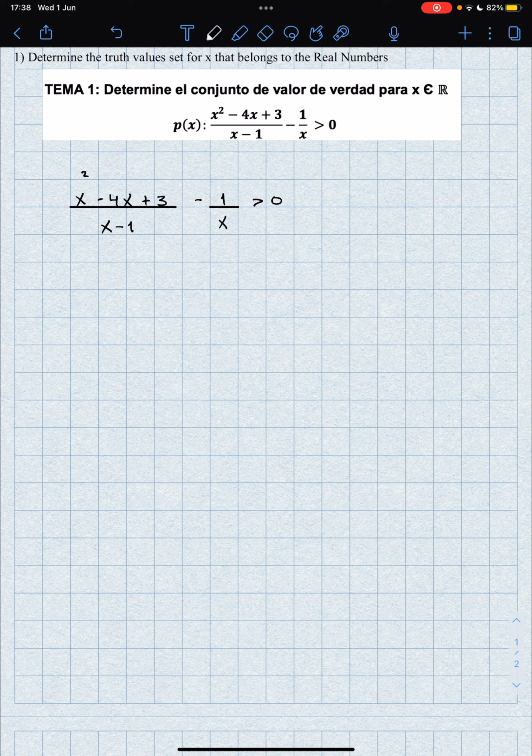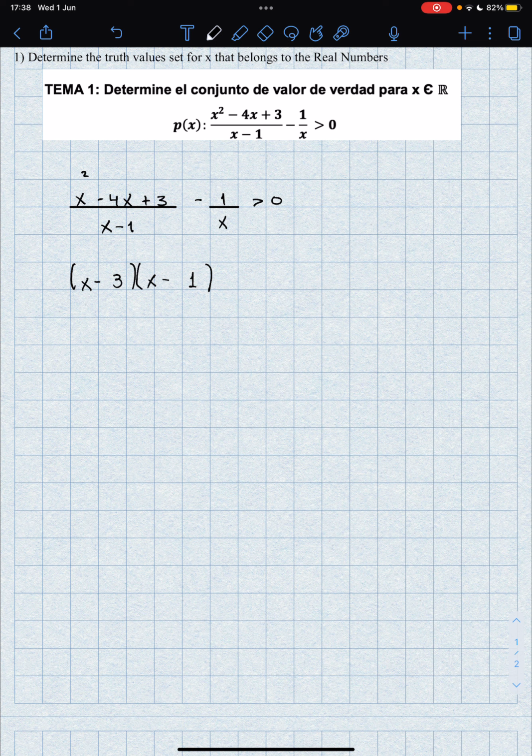And we're gonna do it this way: x minus 3 and x minus 1. So this is gonna be 3 and 1, right? Multiply 3 and 1, we're gonna have 3, and if we add 3 and 1, we're gonna have minus 4.